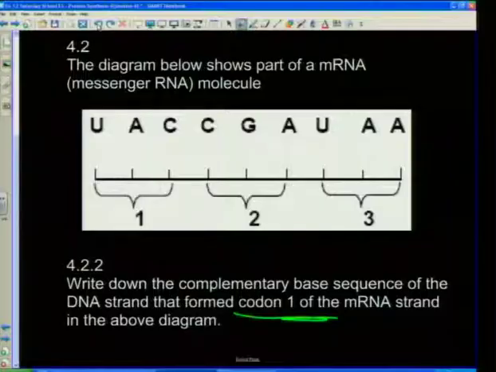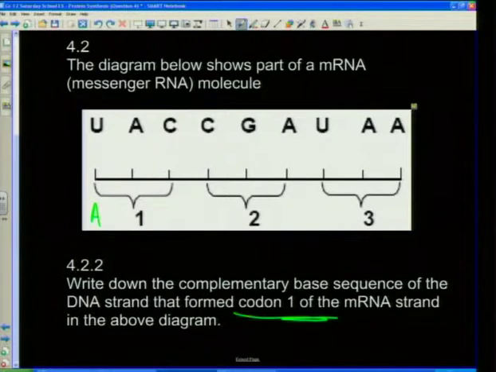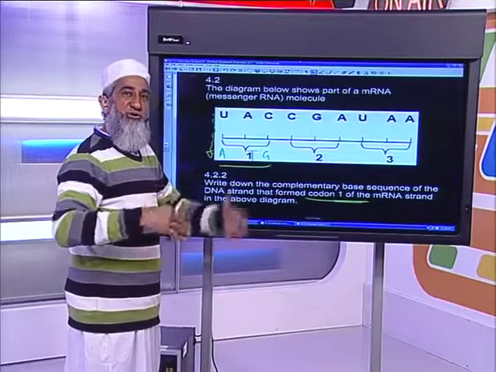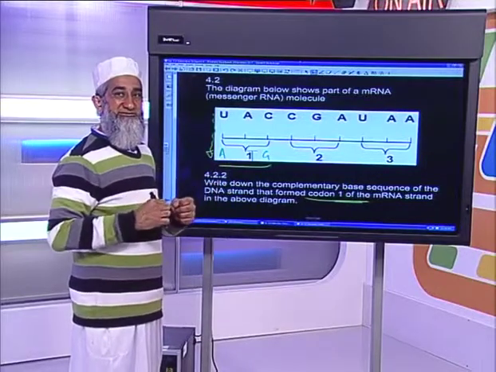So this is a U. It came from an A. If this is messenger RNA, the opposite of A would be T, because this is DNA, and DNA has thymine. It's not RNA. They're asking you for the DNA here. And C would be G. And that would be your answer: ATG. Please watch this mistake. Because of this idea that whenever there's a U, there should be a T, we tend to make those mistakes. Okay?